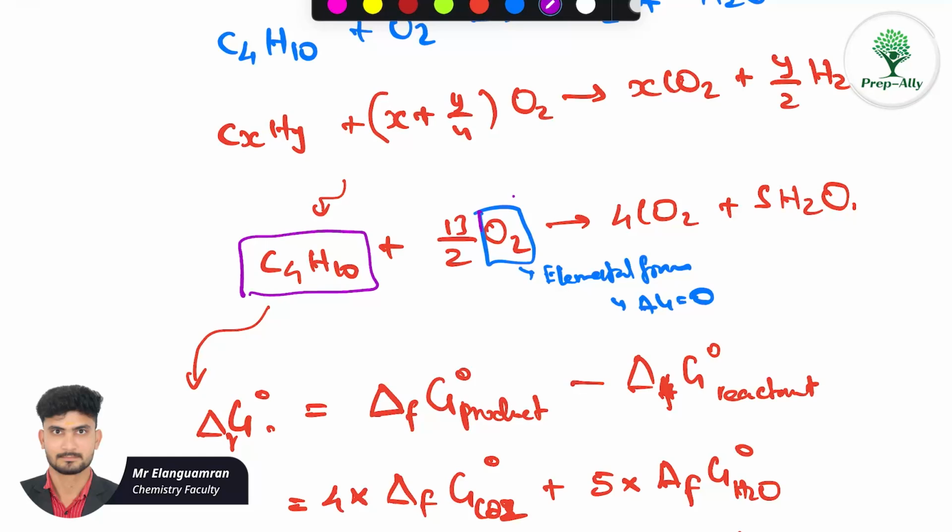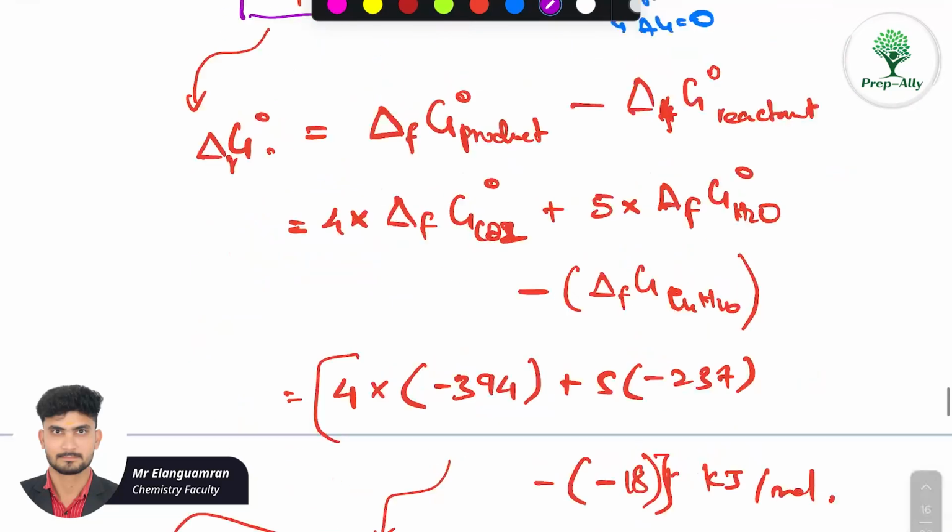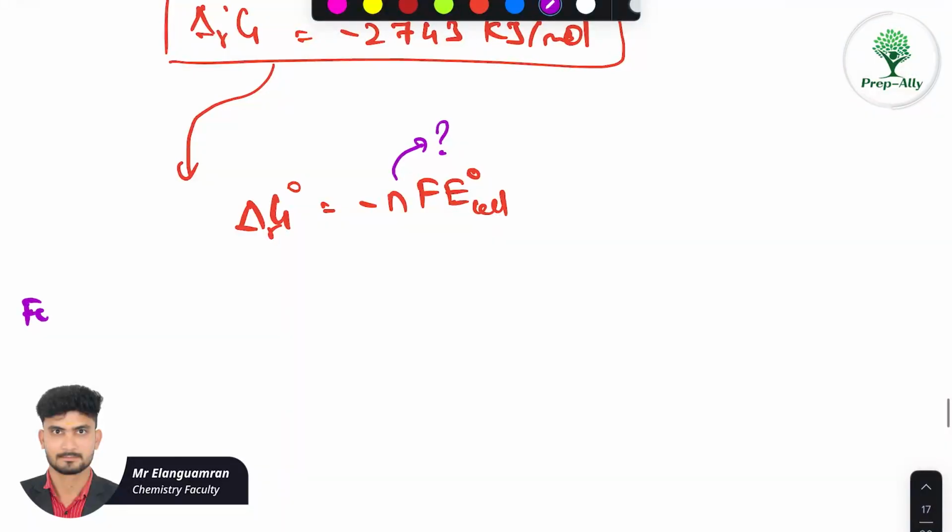For one oxygen, it is going to be in 0 oxidation state and here it is going to be in minus 2 oxidation state. So for one oxygen, like in CO2 or H2O, it is going to be 0 to minus 2. So the n factor is 2 for one oxygen.